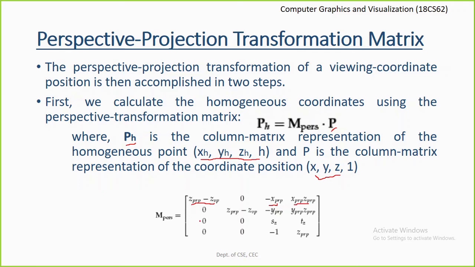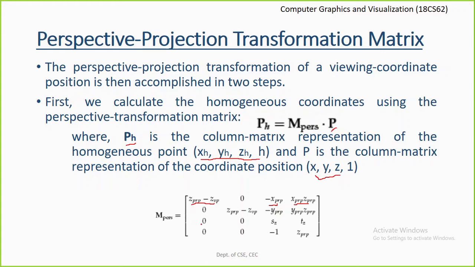Similarly, in the second row the first element is 0, the second element is zprp minus zvp, the third element is minus yprp, and the fourth element is the product of yprp into zprp.